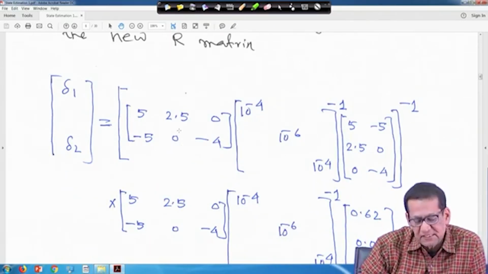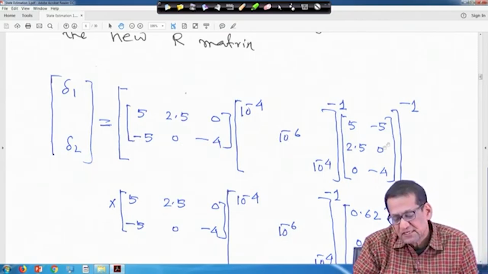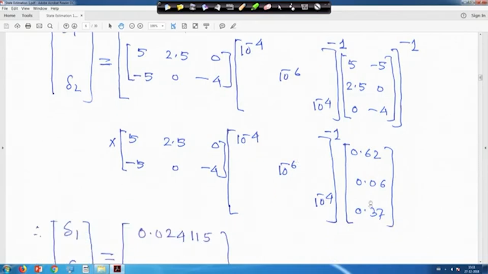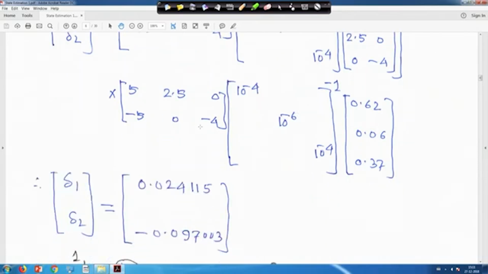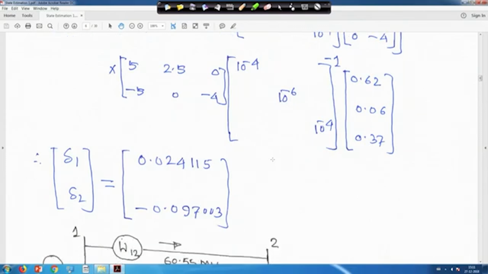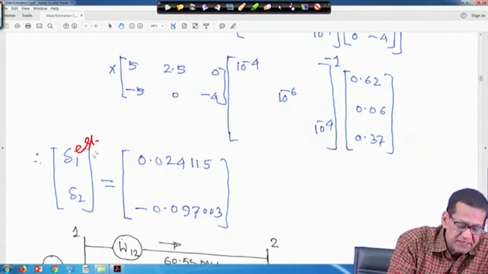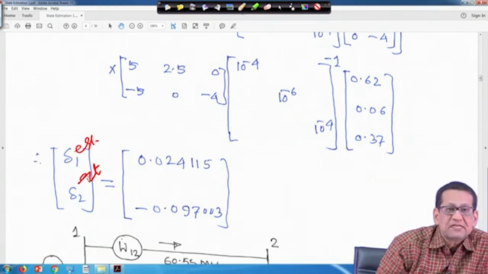So, this is your H transpose, this is R inverse, this is H, right, into H again and R inverse, and this whole to the power inverse, and this multiplied by the measured values 0.62, 0.06, 0.37. Now, if you compute this, you will get delta 1 estimated and delta 2 estimated, right.